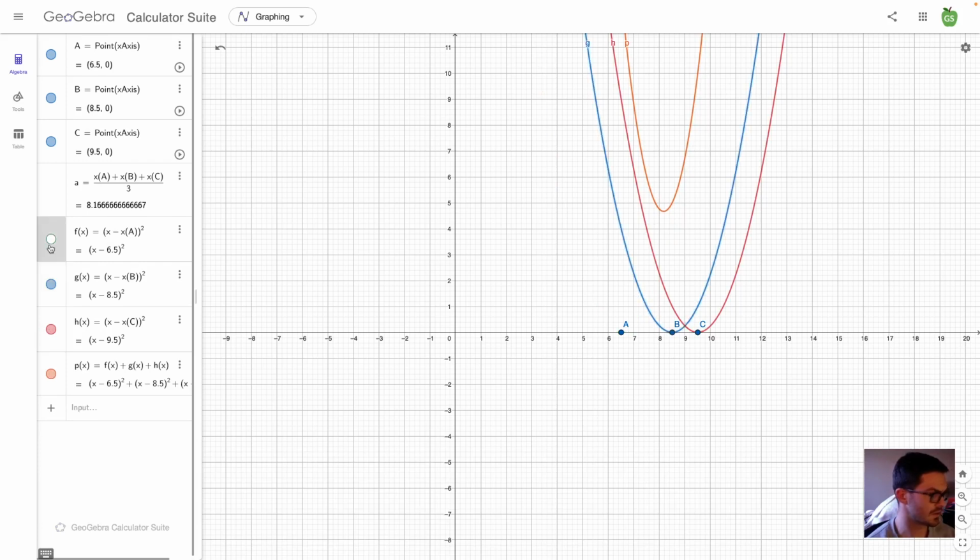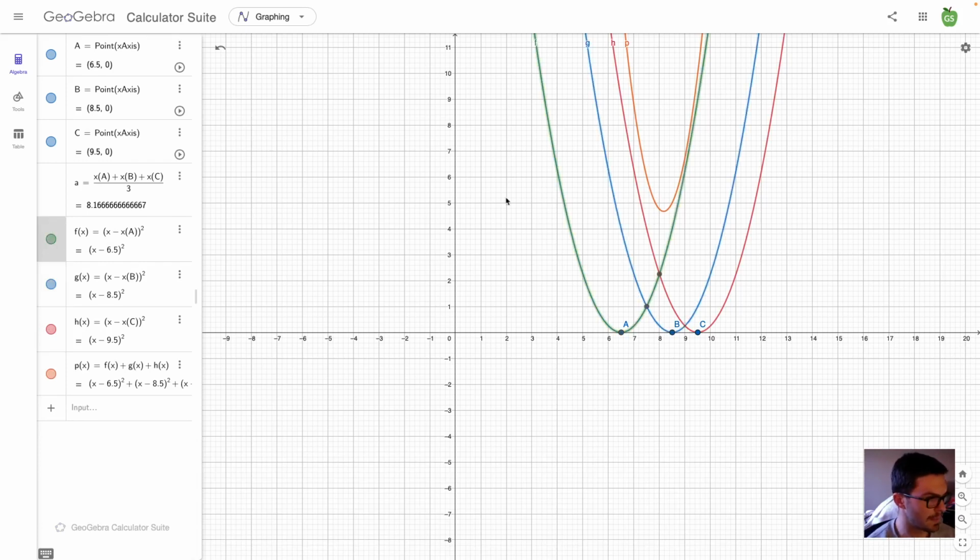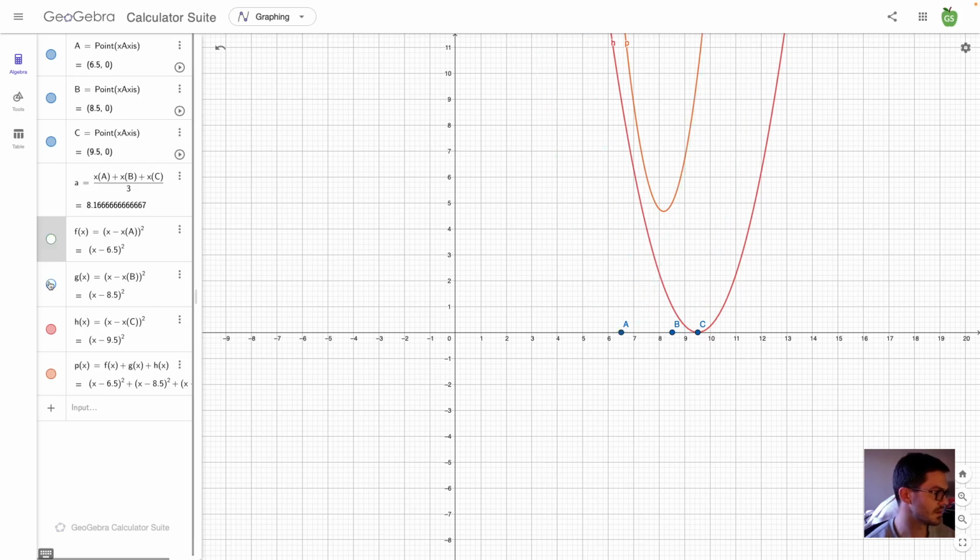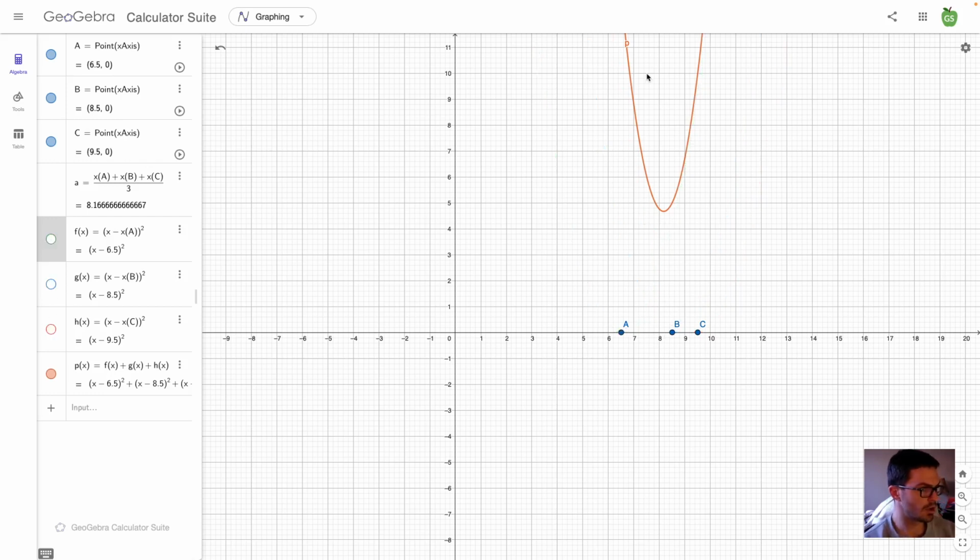At the minimum, this height is just the height of these 3 added together. So this point right here, using this value as our prediction, is the optimal value because it minimizes the squared error.